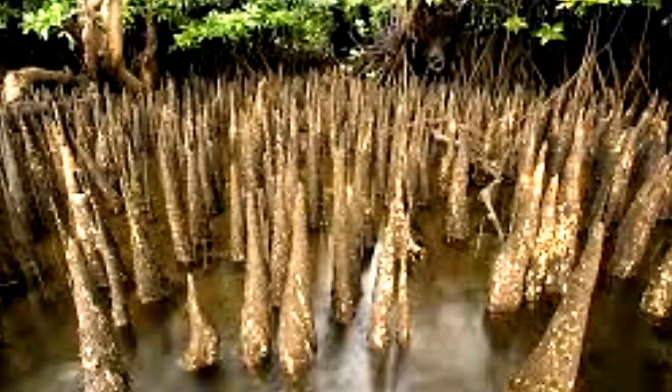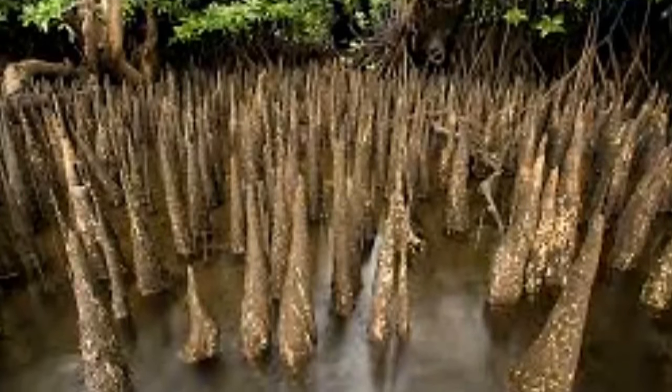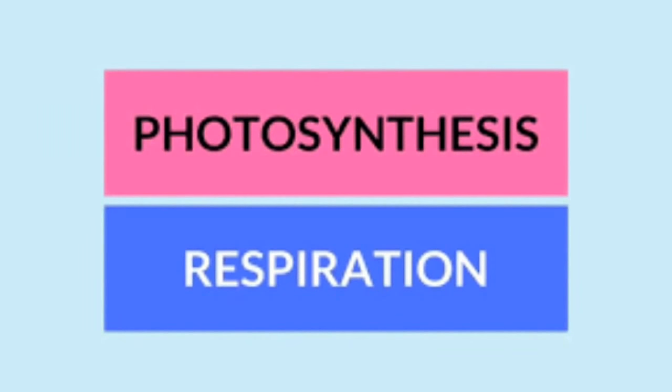With the help of pneumatophores, air enters into the roots. So particularly in mangrove forests, where the plants are growing in marshy lands like Avicennia, this process takes place.